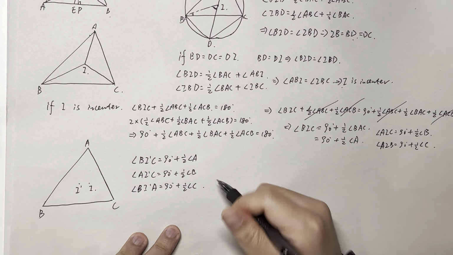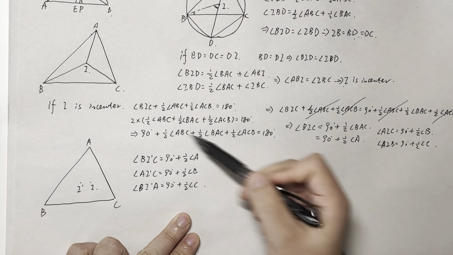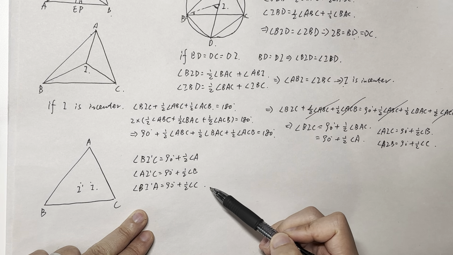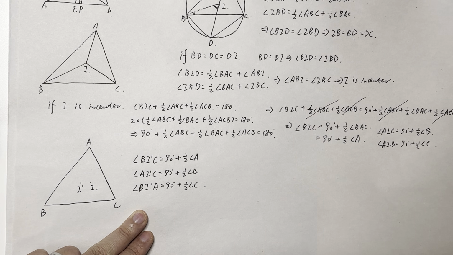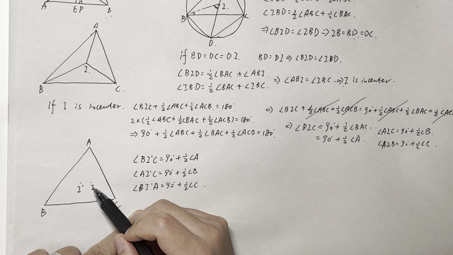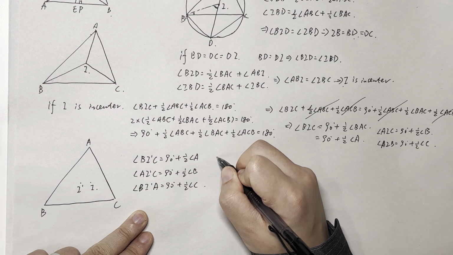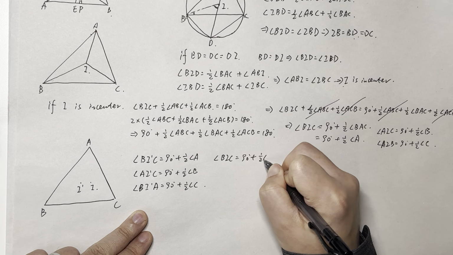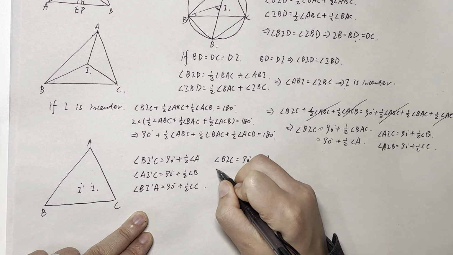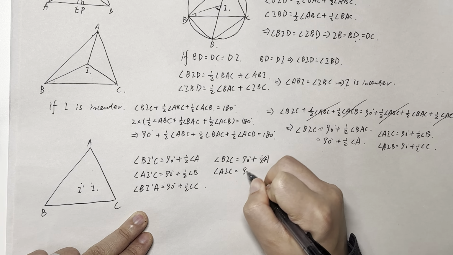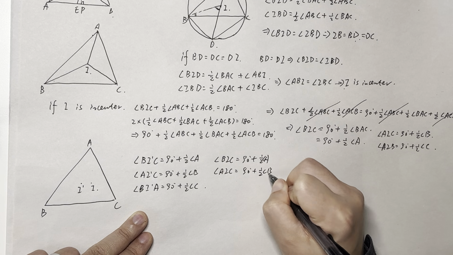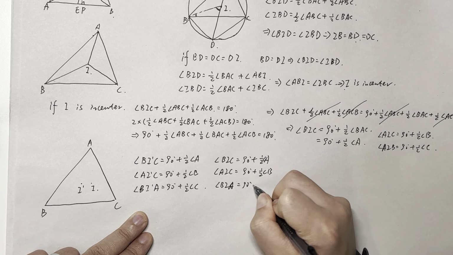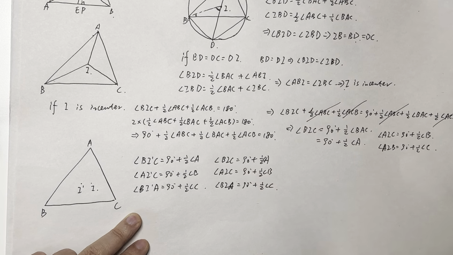That's a question. So we already know that point I prime satisfies these conditions, and we already know that the incenter I satisfies the condition that angle BIC equals 90 degrees plus half of angle A, and angle AIC equals 90 degrees plus half of angle B, and angle BIA equals 90 degrees plus half of angle C, right?